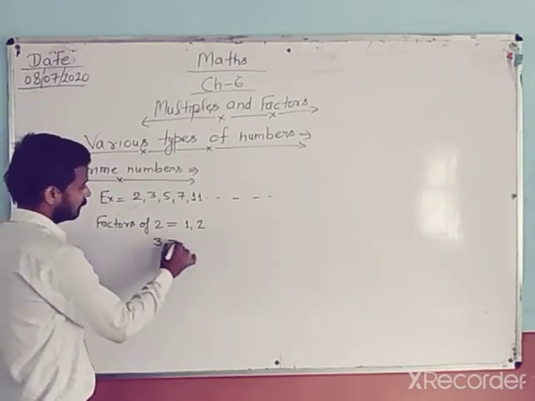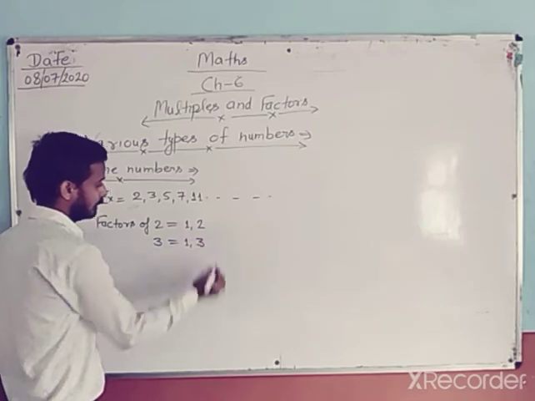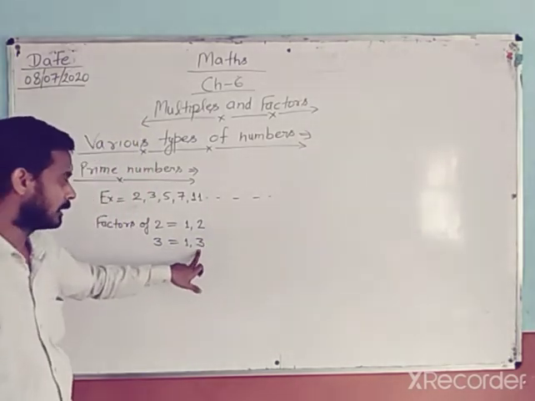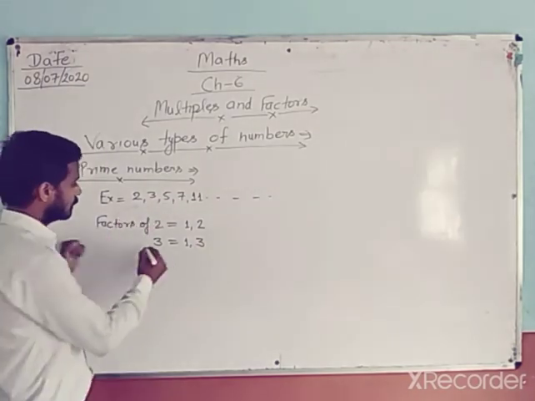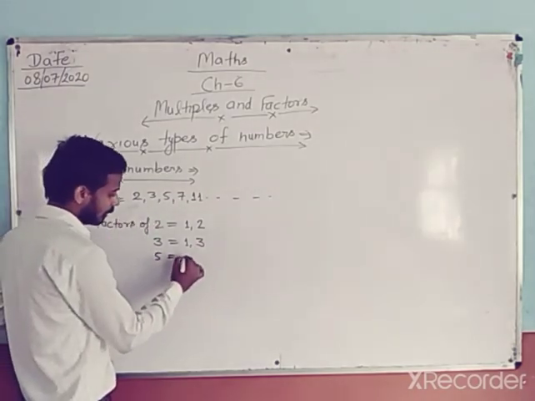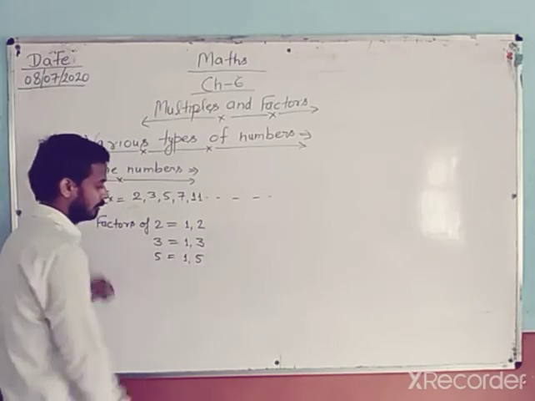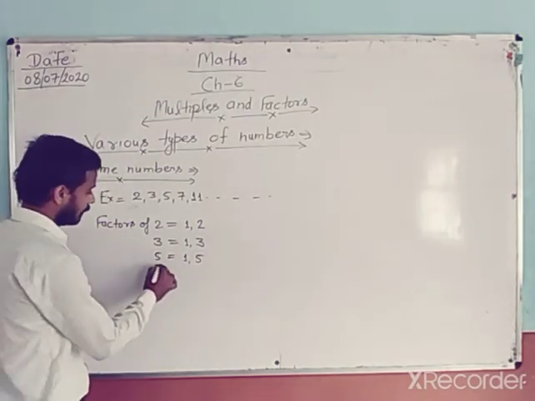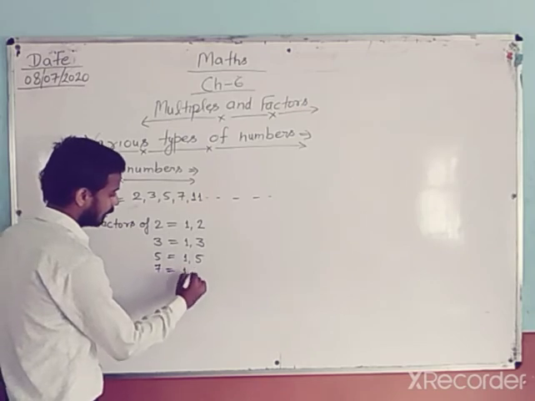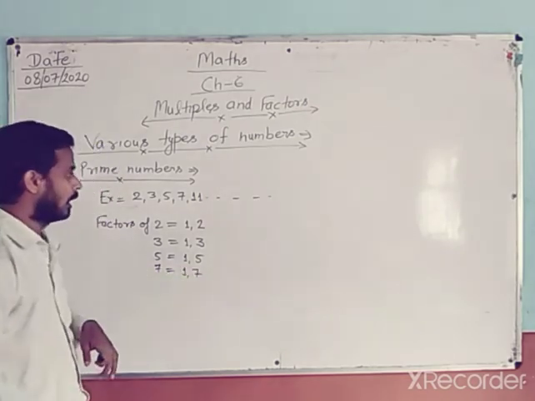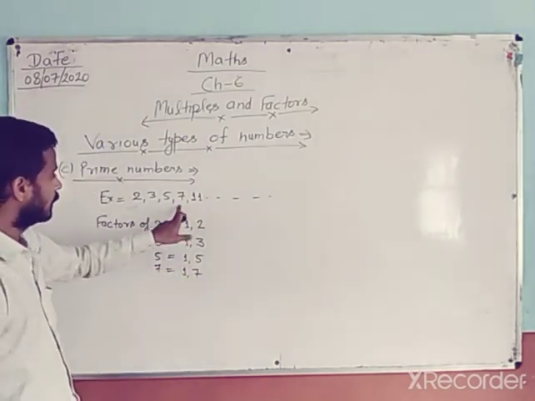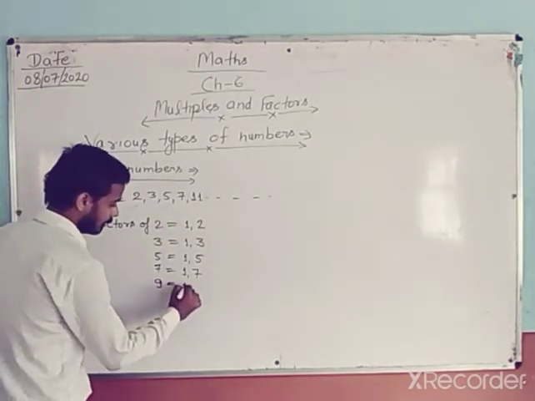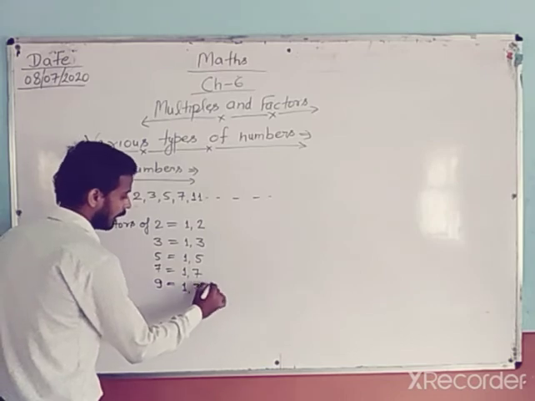Now 3, 1 and 3. Again it has only two factors, 1 and the number itself, 3. Then the next, 5, 1 and 5. Again it has two factors. Now take 7, 1 and 7. After this, directly 11, not 9, because if we take 9, then 1, 3 and 9.